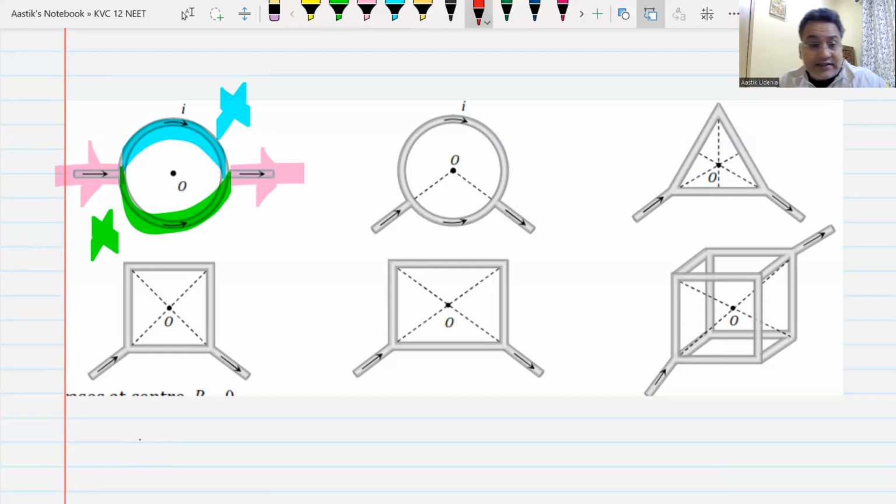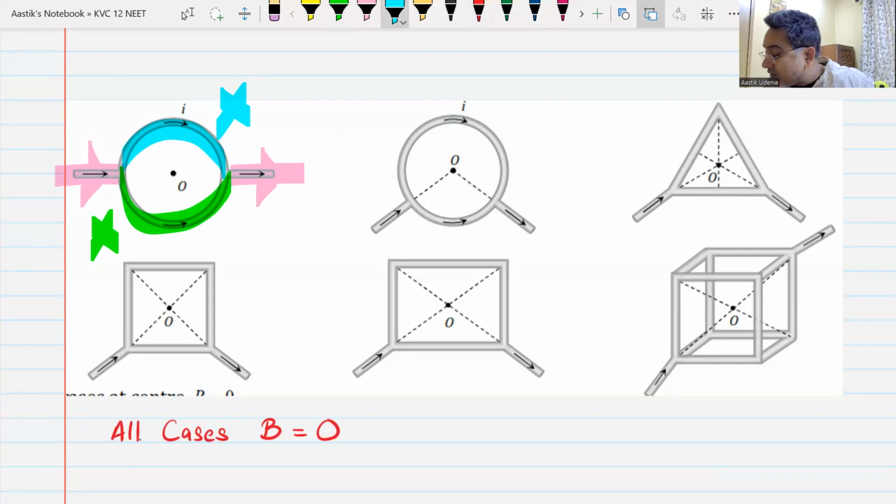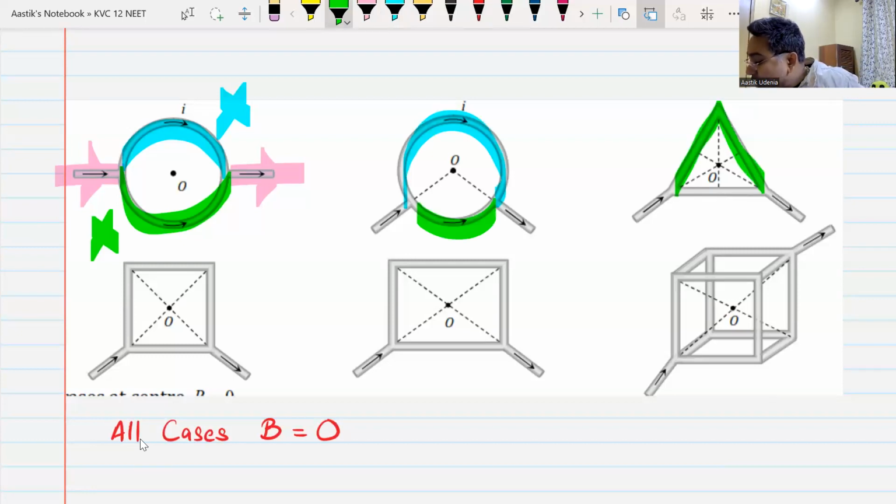And in all these cases, the magnetic field at the center point is zero, because whichever wire I call blue and whichever wire I call green, they are going to cancel each other out.